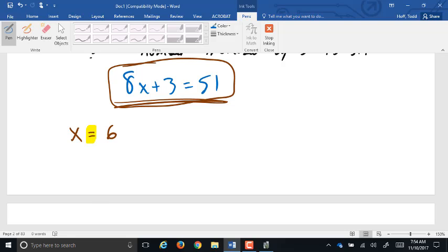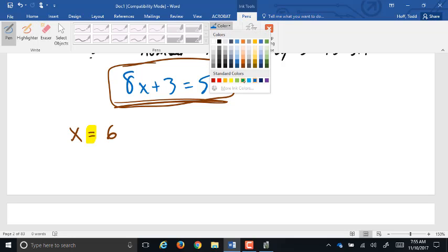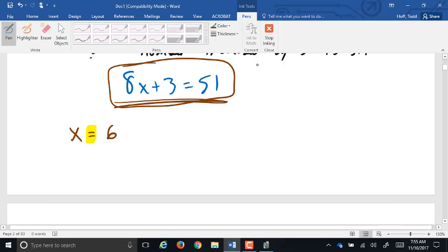What does it mean? It's really hard to define it without using the word equal, right? What it's saying is what's on one side has exactly the same value as what's on the other side. In fact, one way to think about it is as a balanced scale. What's on one side exactly balances what's on the other side.